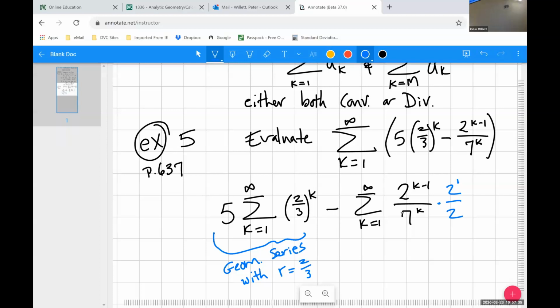And then the 2 on the bottom, I can pull out of the whole thing because of the property of pulling out constants. So this allows me to rewrite this as 1/2 times the summation of 2 to the k over 7 to the k.